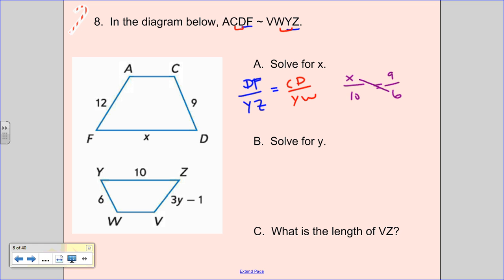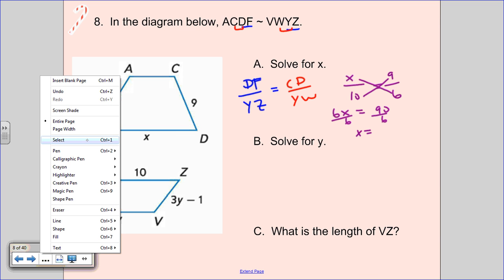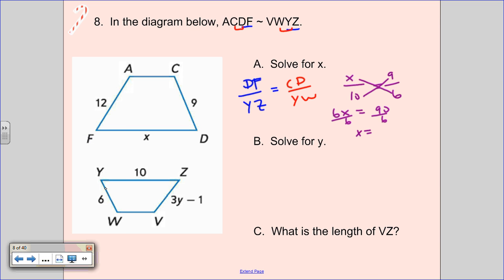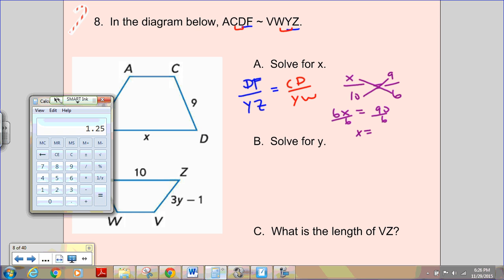So x times 6 is 6x. 9 times 10 is 90. Divide both sides by 6. So x is going to equal 15.